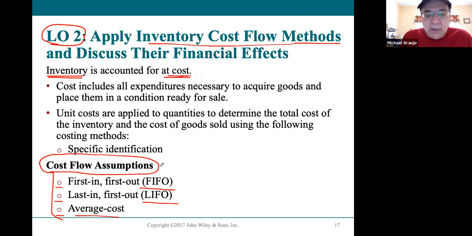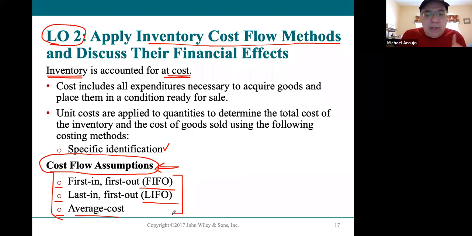This is going to be the focus of this chapter. There is a fourth method, specific identification, but we're not going to cover that in this class because it's rarely used. We're going to focus on the big picture.